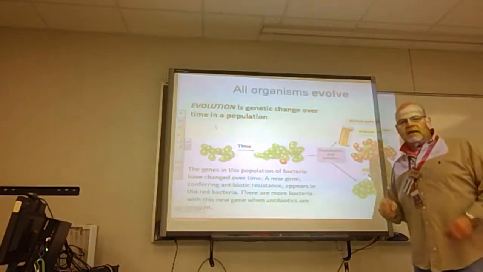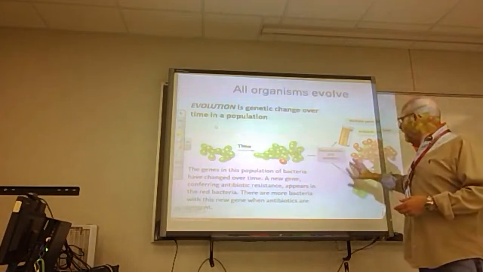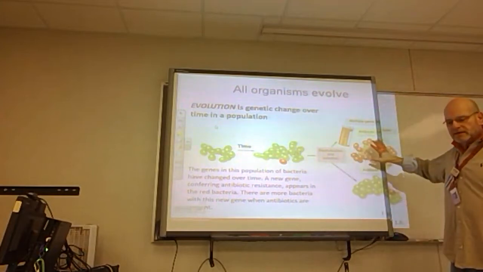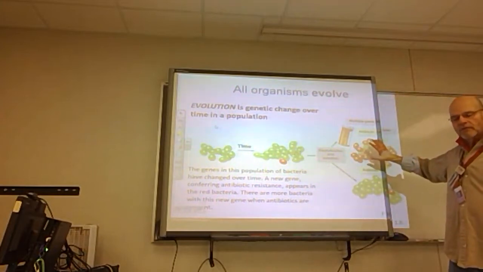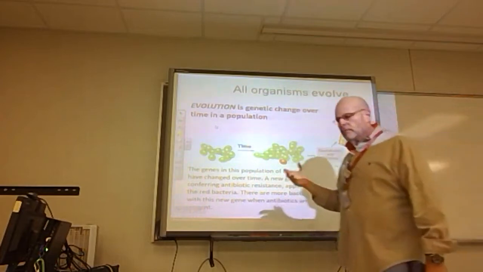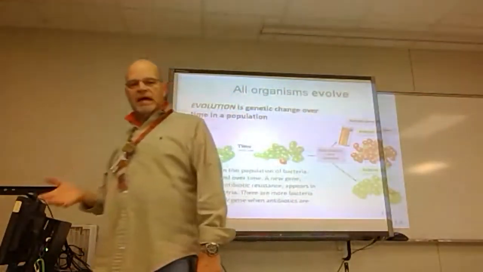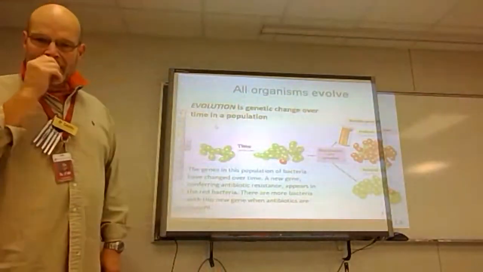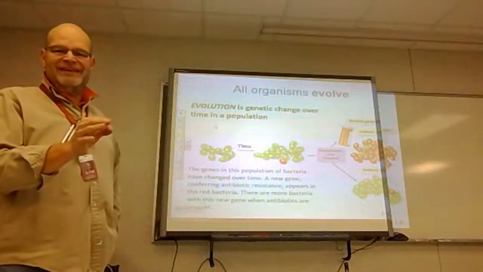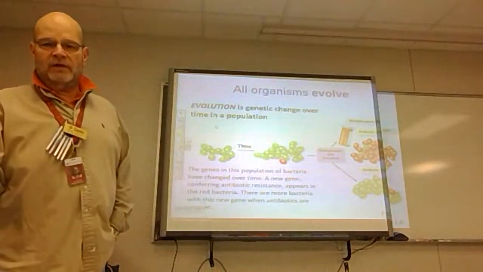If this goes on long enough and happens enough times, we wind up with a bacteria called MRSA. Everybody's heard of MRSA. But what does it mean? It means methicillin-resistant Staphylococcus aureus.